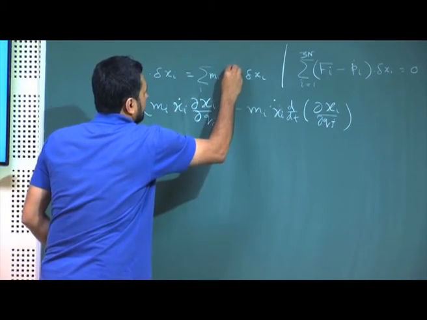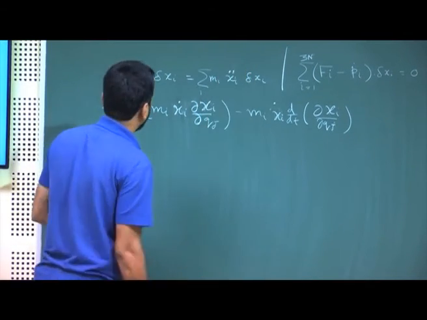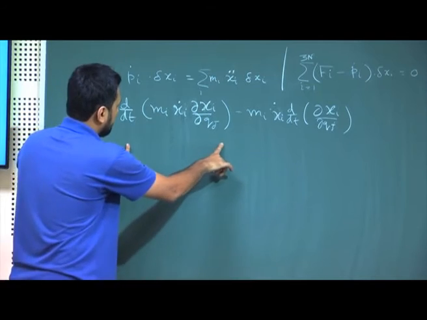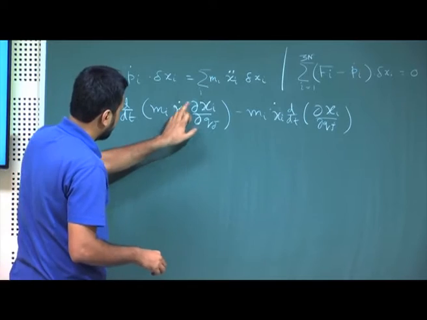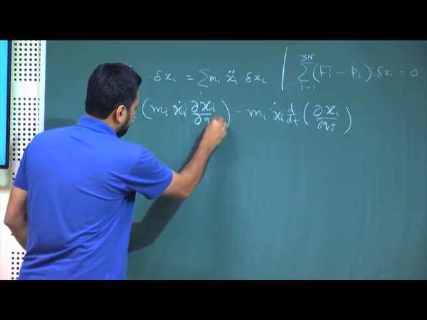I hope it is clear, two dots, which we could write in this particular form, which is ddt of mi xi dot del xi del qj.